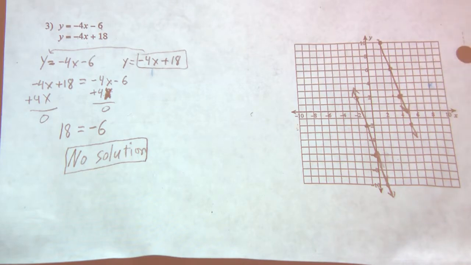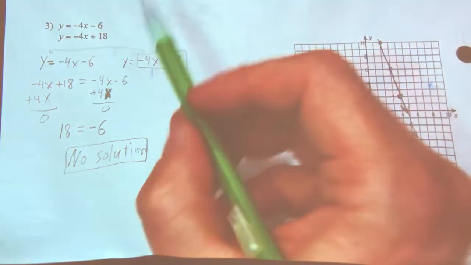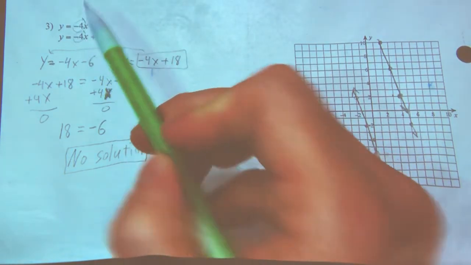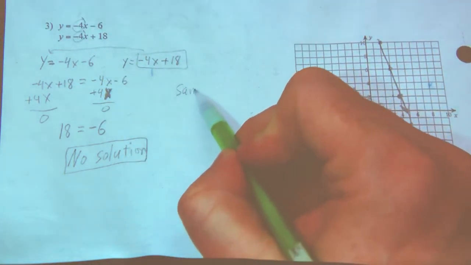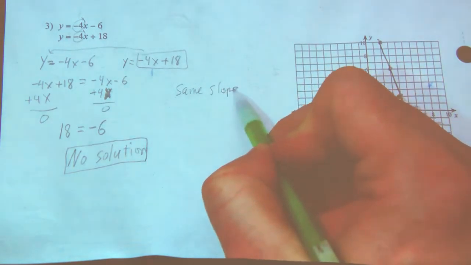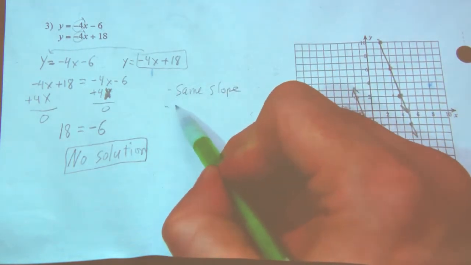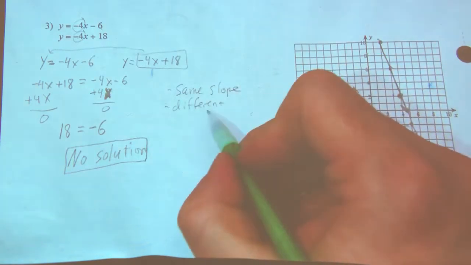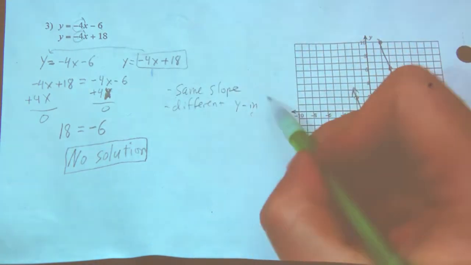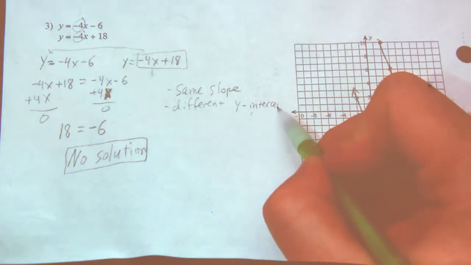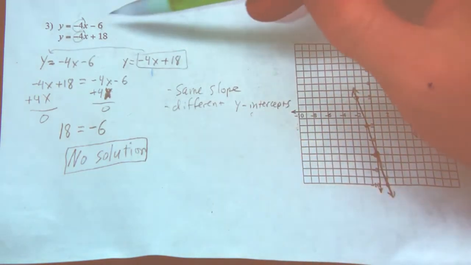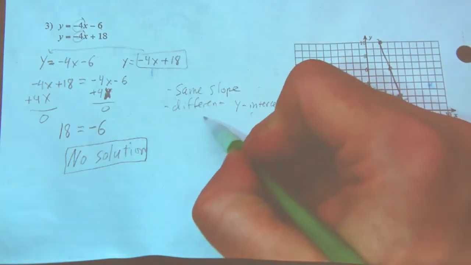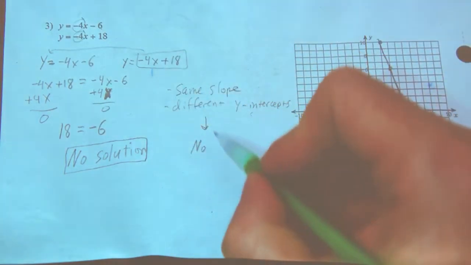If we go back to our original equations, we can see right away that we have the same slope and different y-intercepts. Notice our slopes match, but our y-intercepts are different, this will lead to no solution to the system of equations.